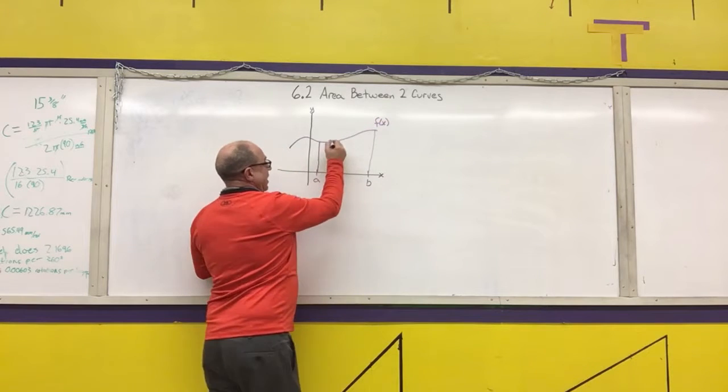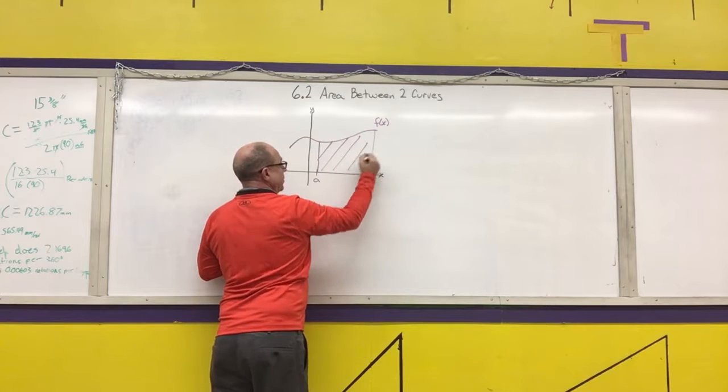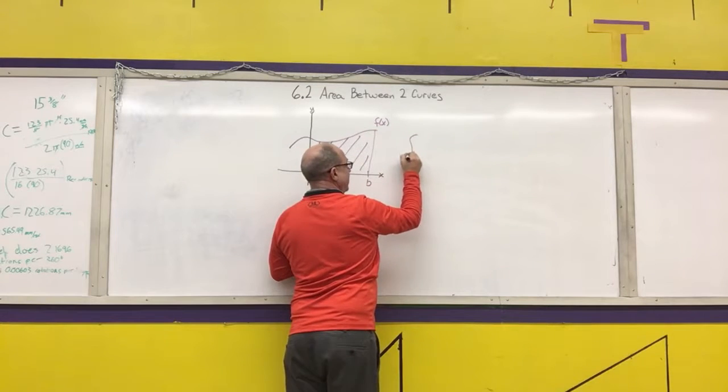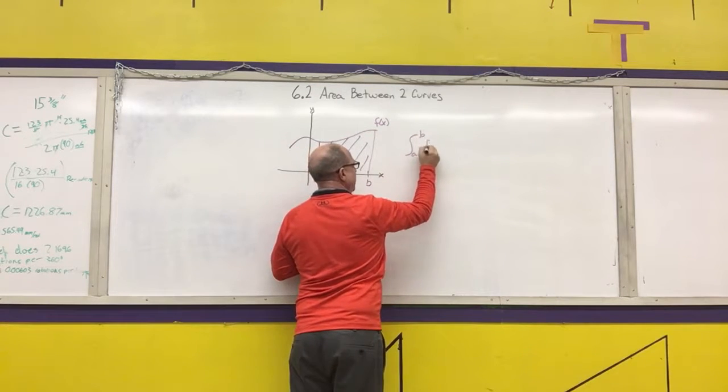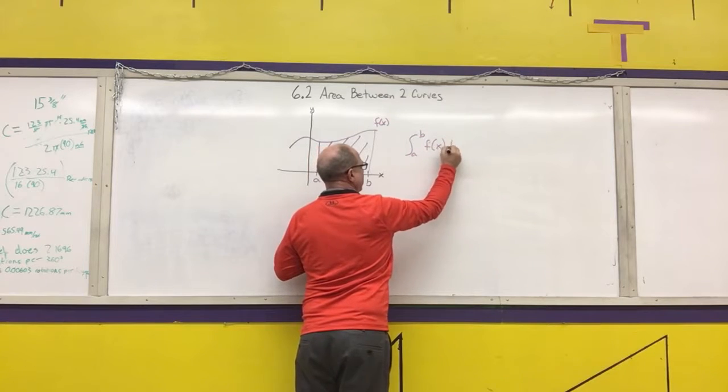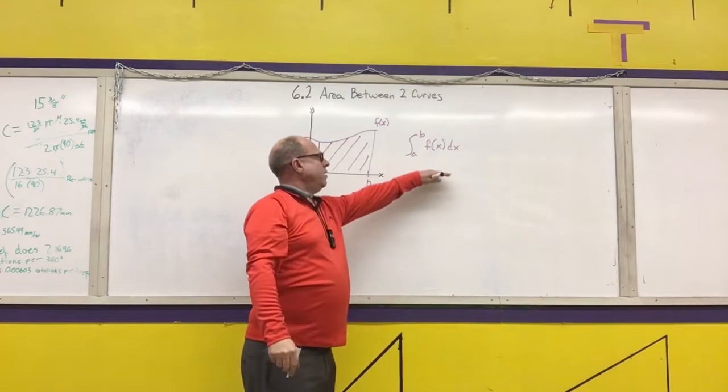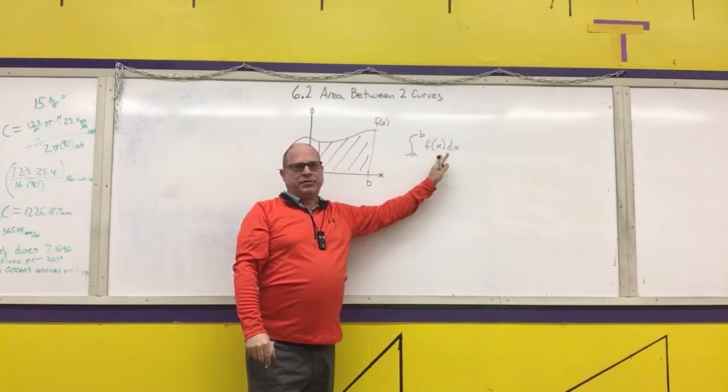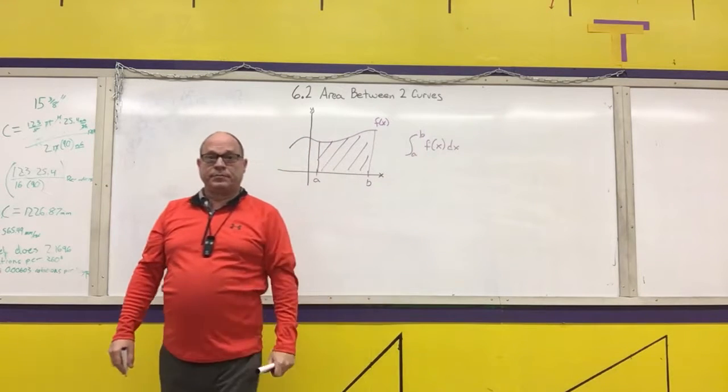If I wanted to define that area, all I would do is take the definite integral between A and B of f of x dx. And we have all of our rules for finding these antiderivatives or definite integrals.